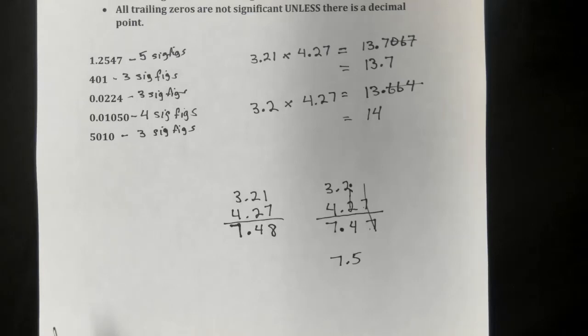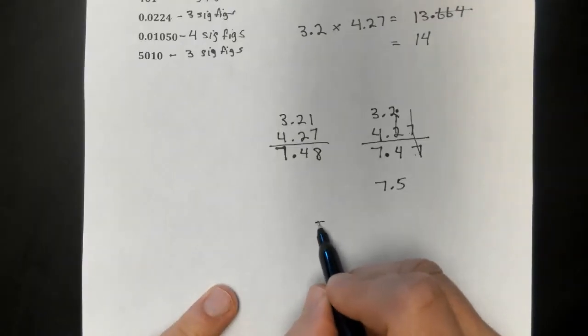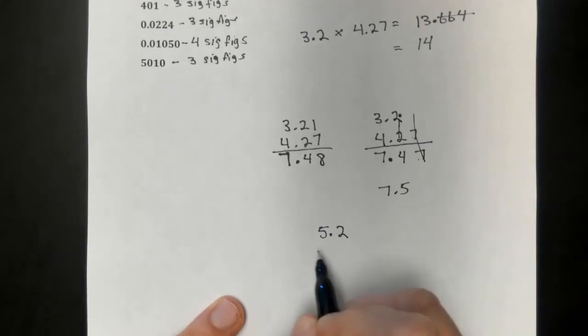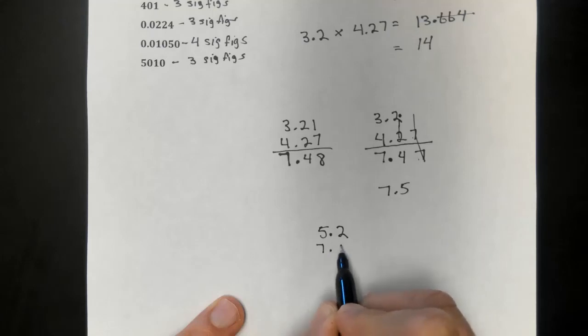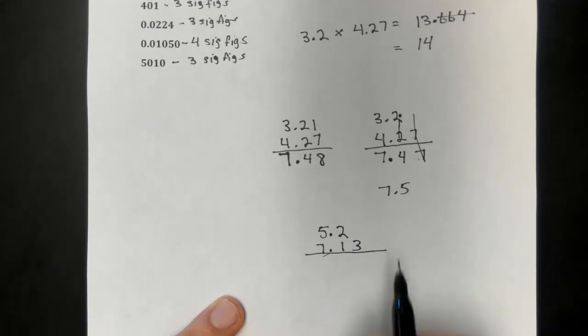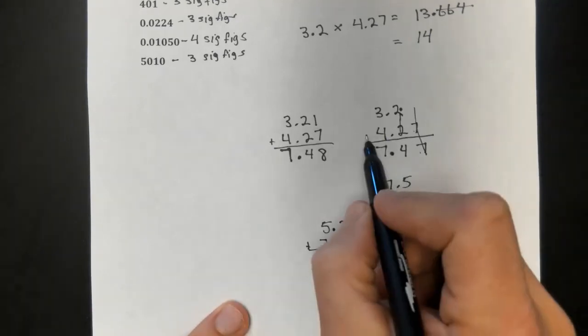Now you can gain and lose significant figures in addition. For example, let's say we have a 5.2 and we have a 7.13, and we're going to add these two numbers together.